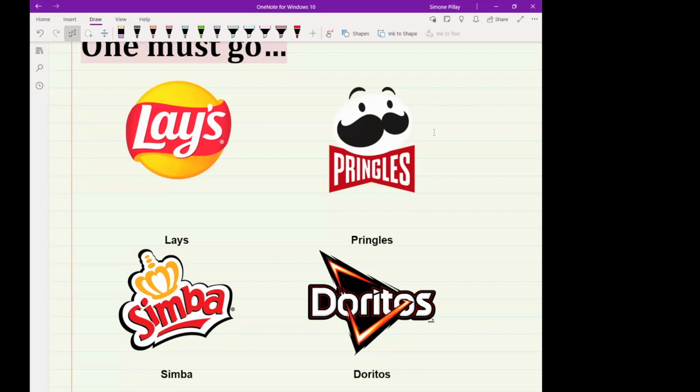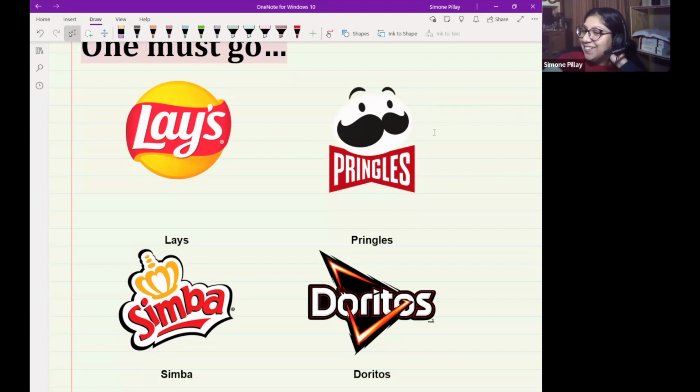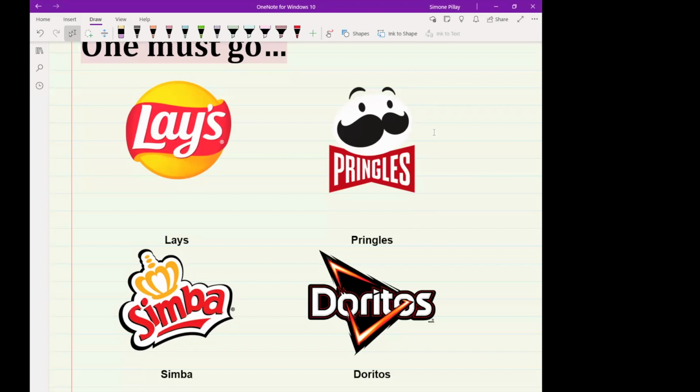Like I can understand for the Simba chips. But for the Lay's, guys, the potatoes, they have to be round. Most of the time, ma'am, you find that there's still crumbs underneath. There's no chips. It's just crumbs underneath the bag. And it's irritating.